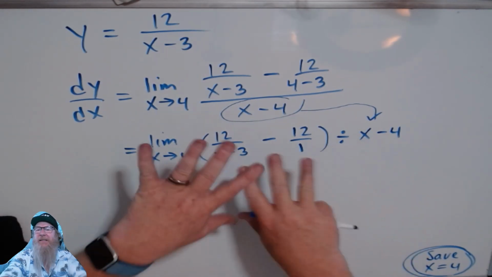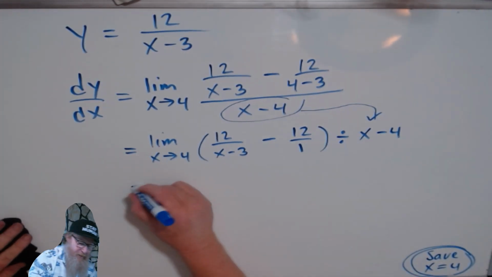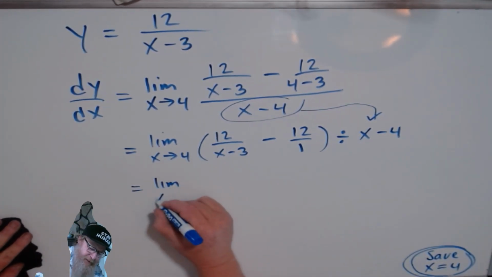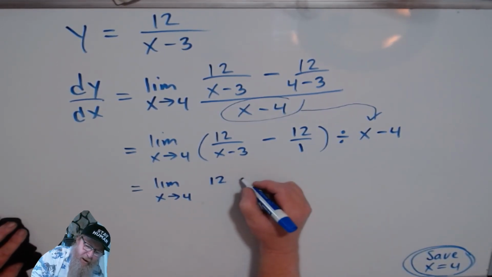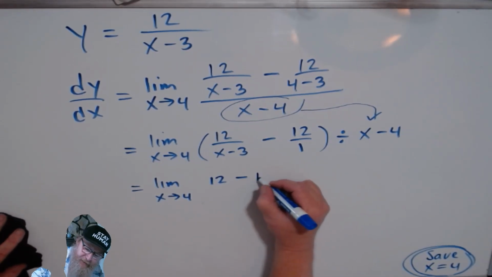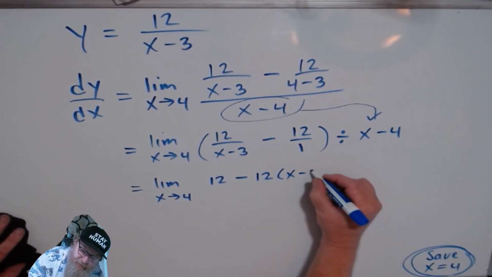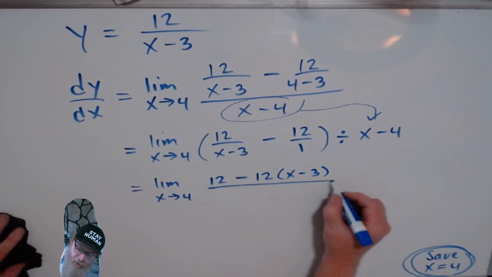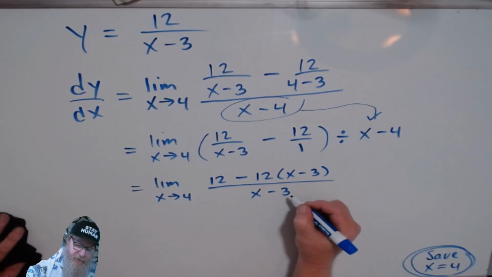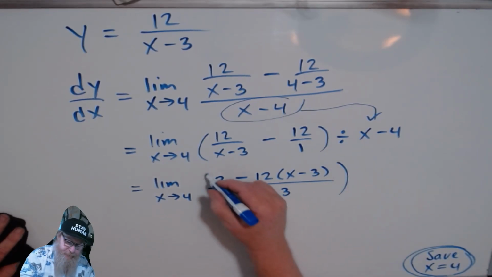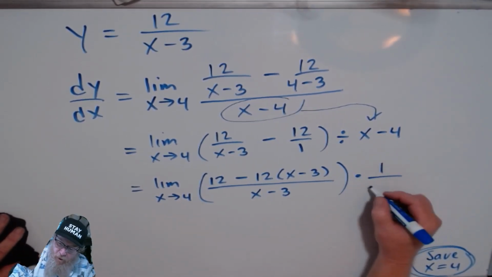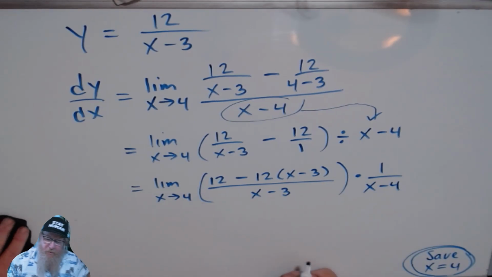It makes the fractions a lot easier to deal with. So I get the limit as x approaches 4 of 12 minus 12 times x minus 3 all over x minus 3, times 1 over x minus 4.